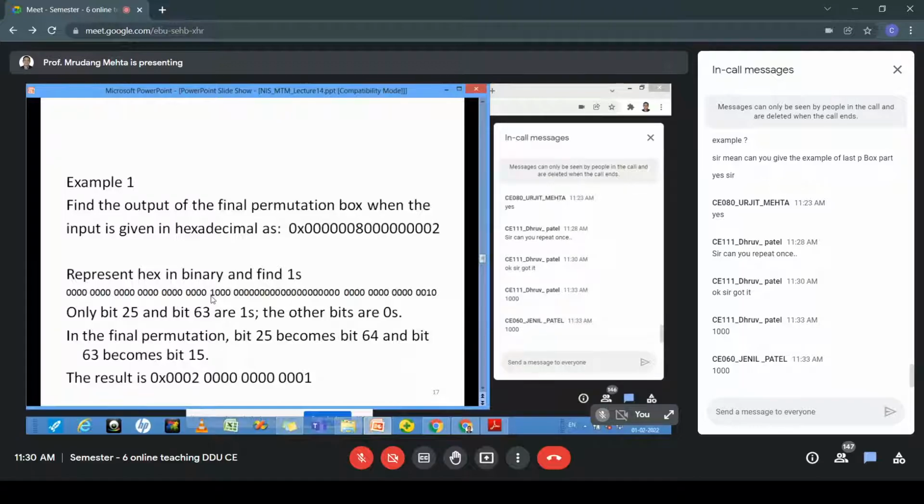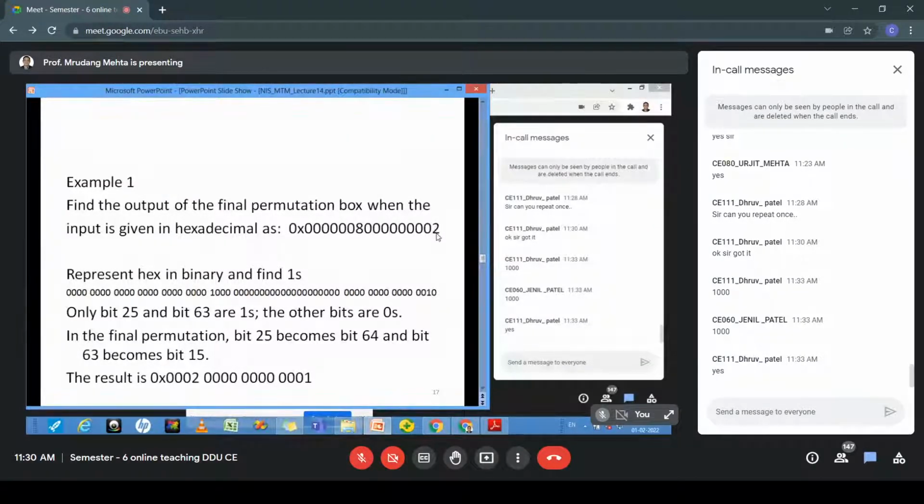Clear? Can you see this mouse pointer? It is pointing to the 1, which is the 25th position. Now, all other values are 0. The last 4 bits have value 2.